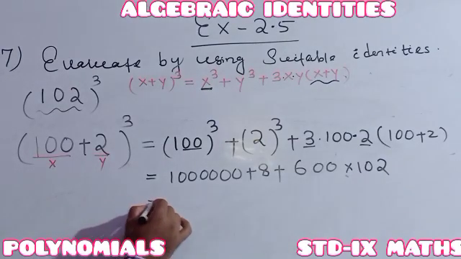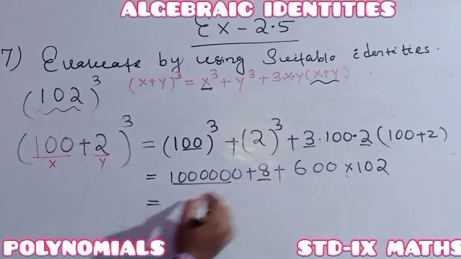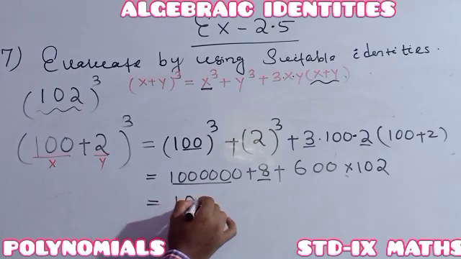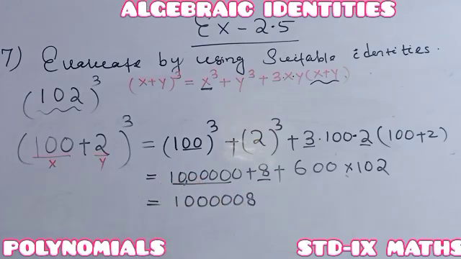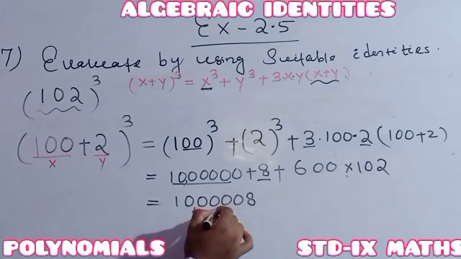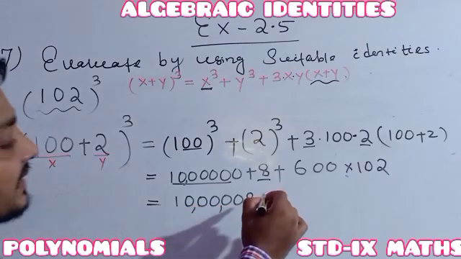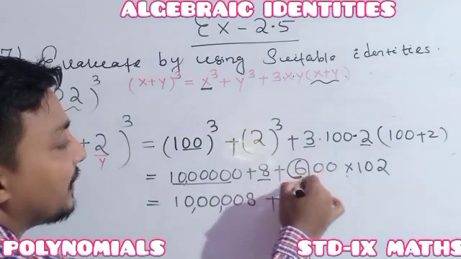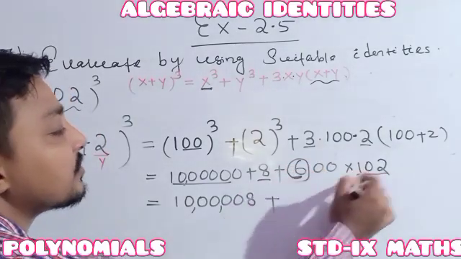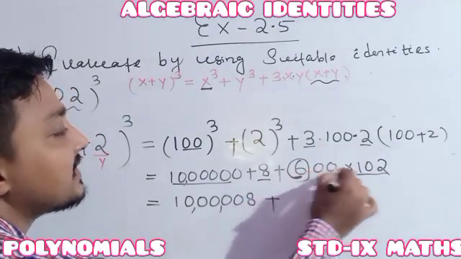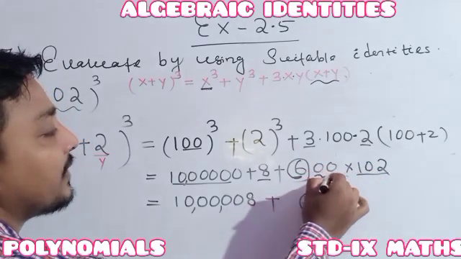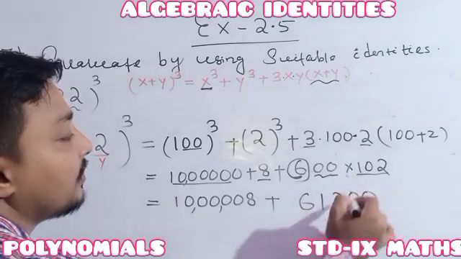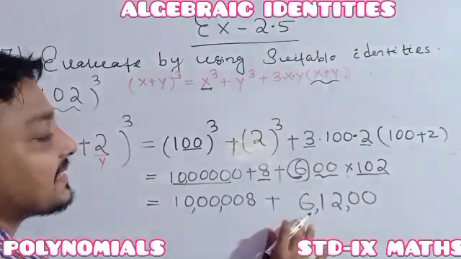Okay, so here it is the sum of this one and this one. Here it is 8. So here it was 10 lakhs, but now when 8 is added, it becomes 10 lakhs 8. And this one is 6. I am multiplying shortcut with 102. 6 2s are 12, 600 followed by 2 zeros, so the product should have the 2 zeros. 6 1s are 6, so here it is 6 lakh.